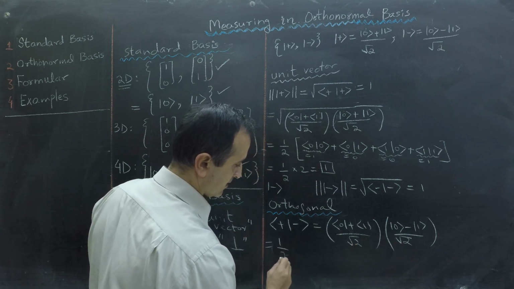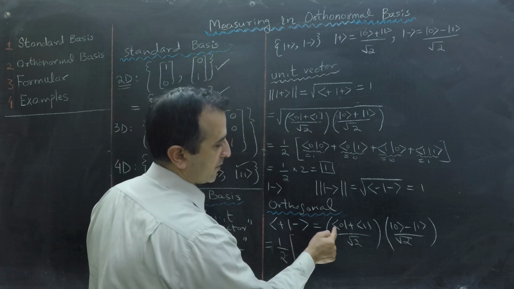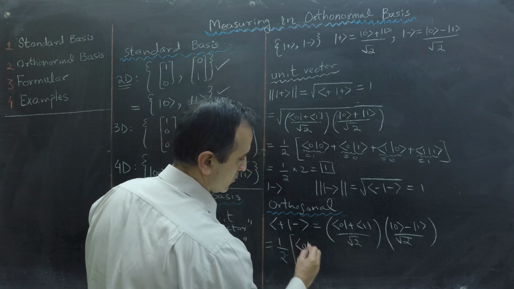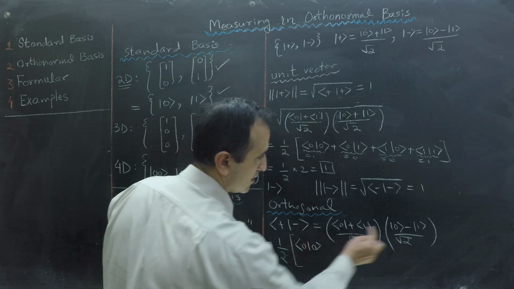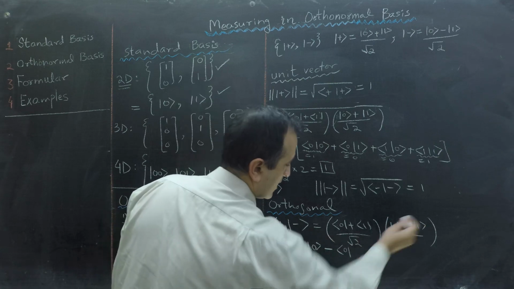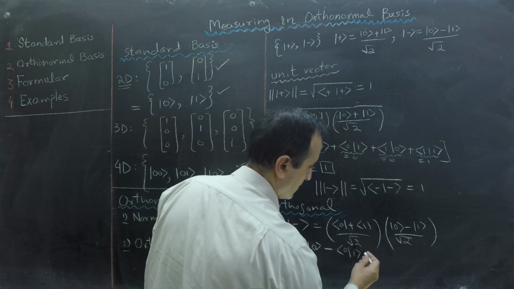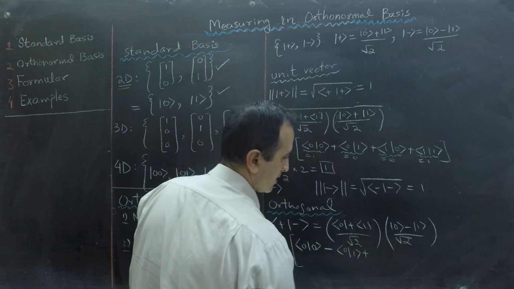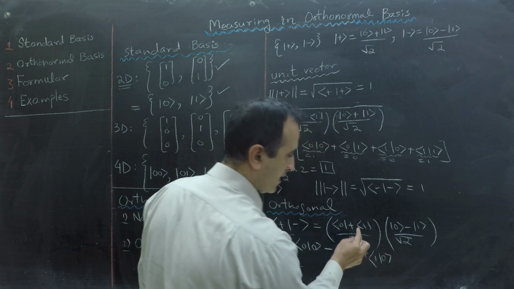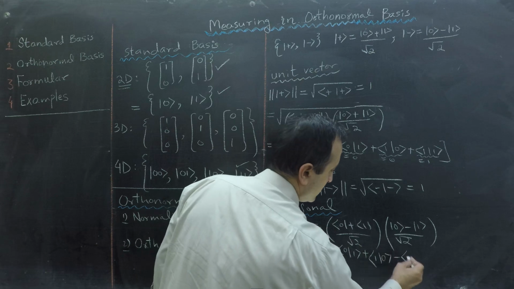I take this out as common. Now I multiply bra 0 with ket 0. I will get bra 0 ket 0. Then I will get minus bra 0 ket 1, and then I will get plus bra 1 ket 0, and finally I will get minus bra 1 ket 1.